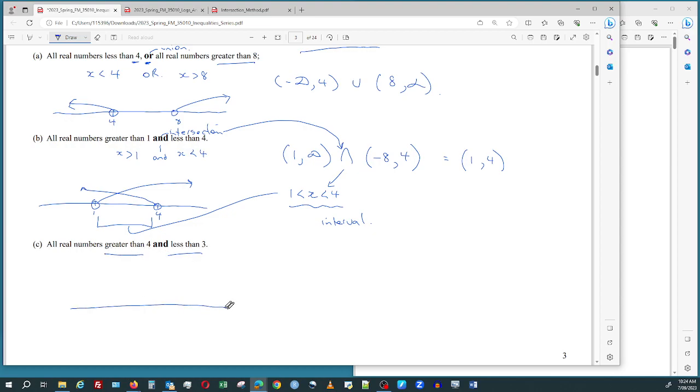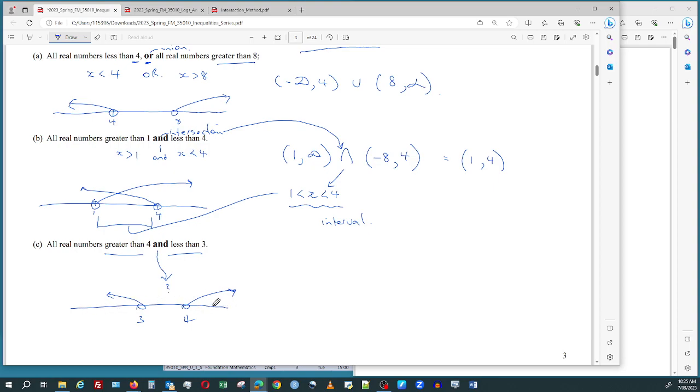All right, all the numbers greater than 4 and less than 3. So if we do this on the number line, we've got 3 and 4. They're not included, so greater than 4 is that way, and less than 3 that way. So in this case here, what does that mean? Well, in the "or" case, we did take all the numbers, because you could have all of these this side, or any of these this side.